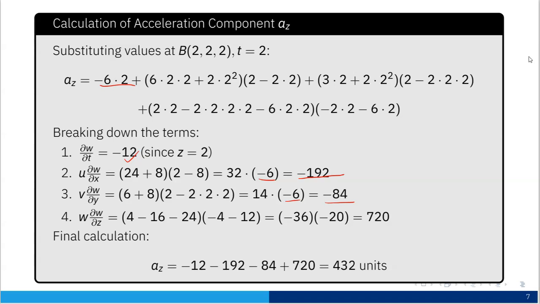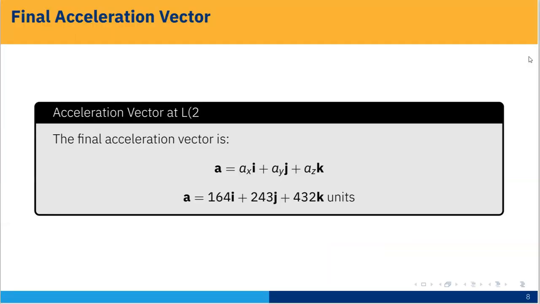And w we know is minus 36, and ∂w/∂z, if we do the calculation here, is minus 20, so that will give 720. Now if we add all together, az is minus 12 minus 192 minus 84 plus 720, so that will give 732 units. So now we have ax, ay and az.